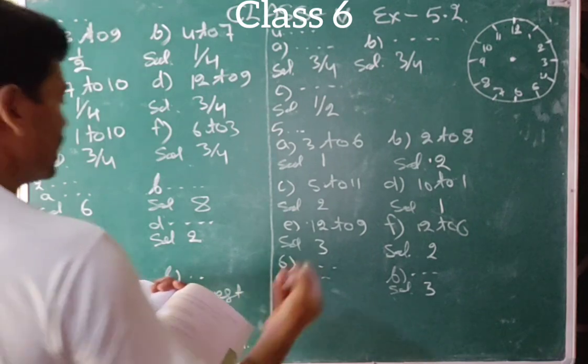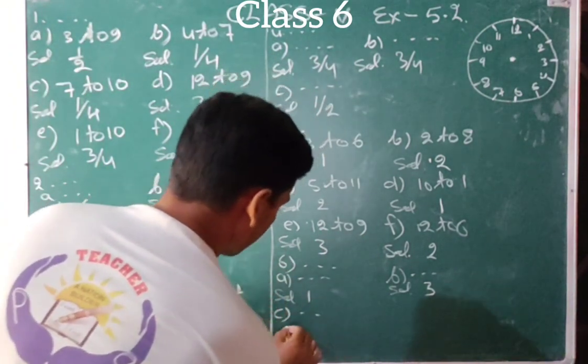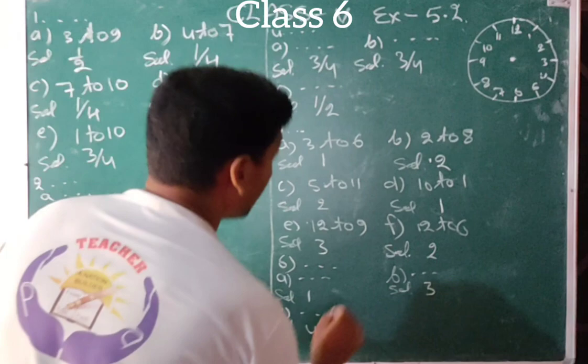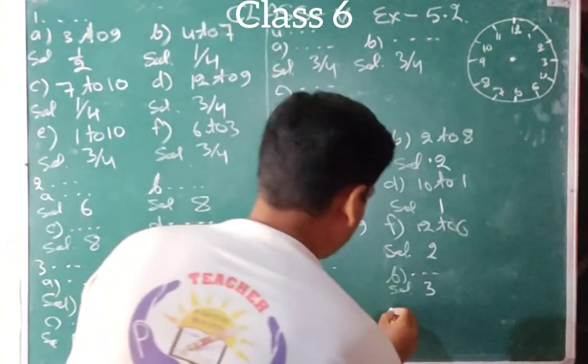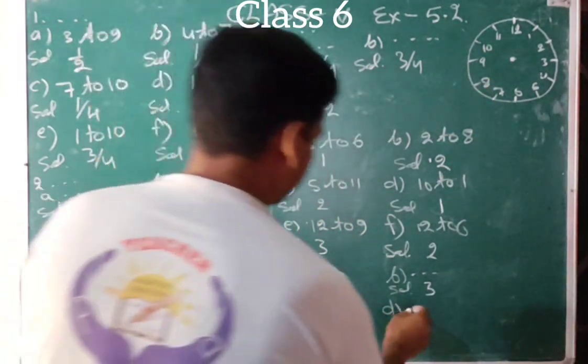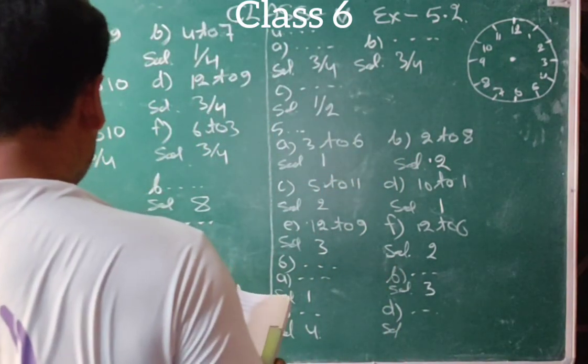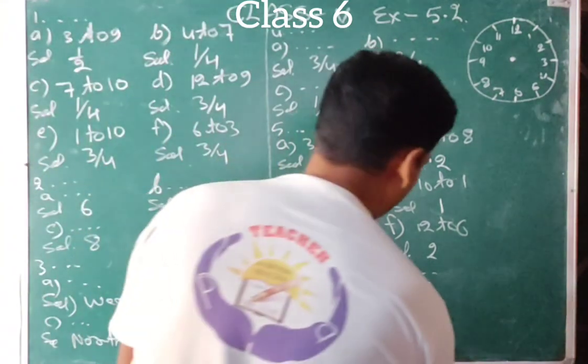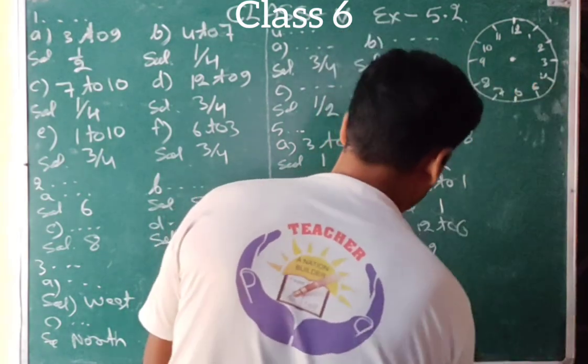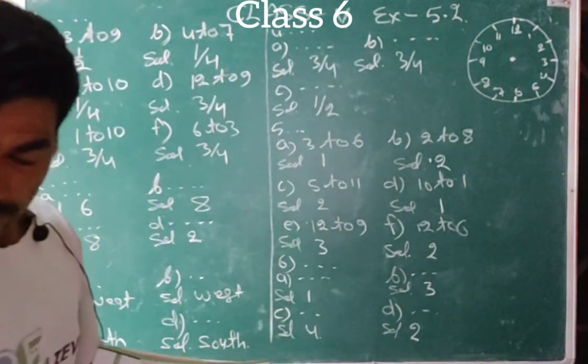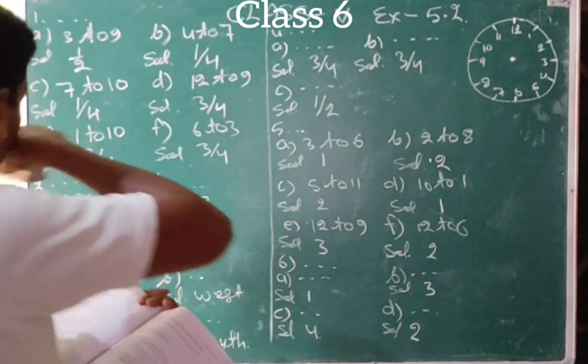West to west means the same place comes, so that will be 4 right angles. In a circle there are 4 right angles. Fourth, south and turn to north, that will be just opposite, south to north. That means 2.